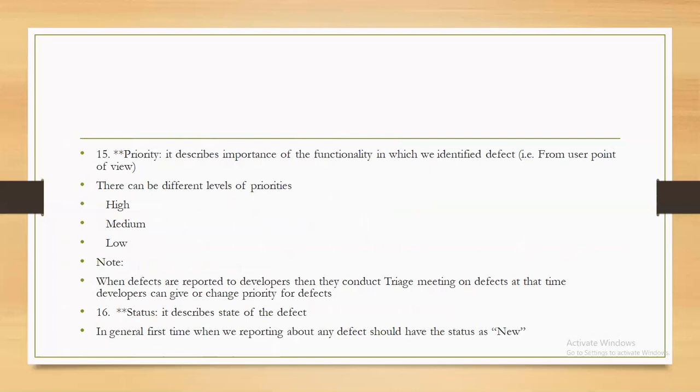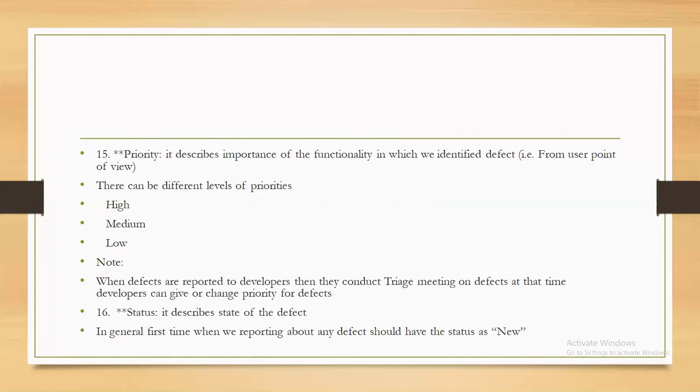Next one, priority. It describes the importance of the functionality in which we identify the defect. From the user's point of view, in the functionality where the defect is identified, how frequently is the user going to use that application? Based on that, we have to give the priority. In general, developers will give the priority for the defects.